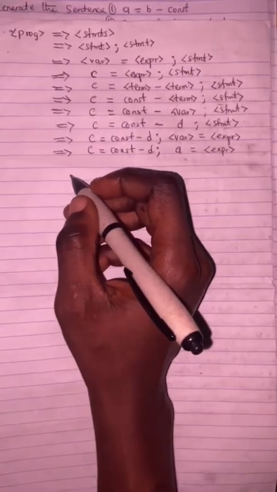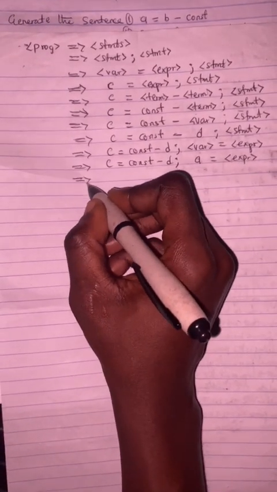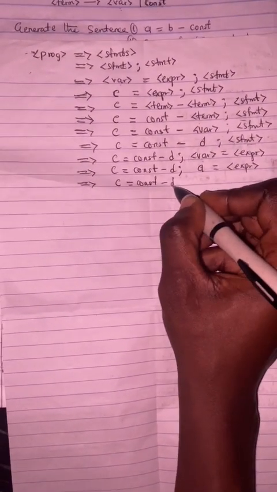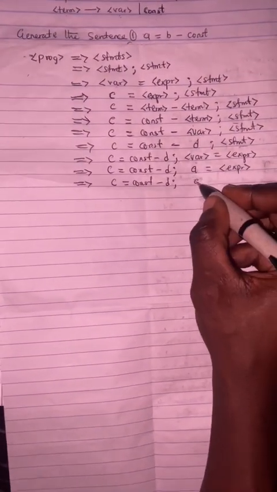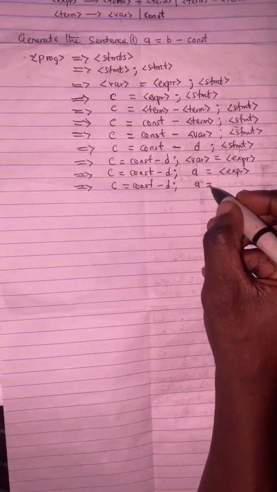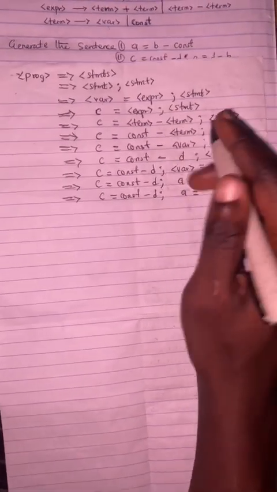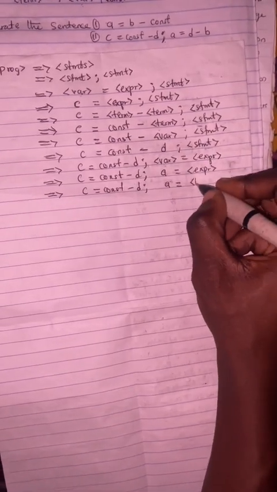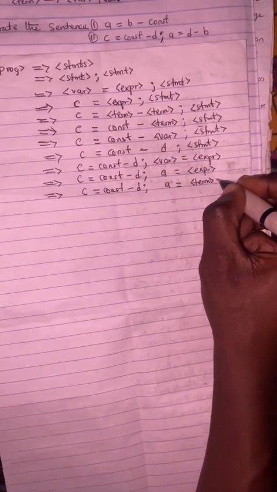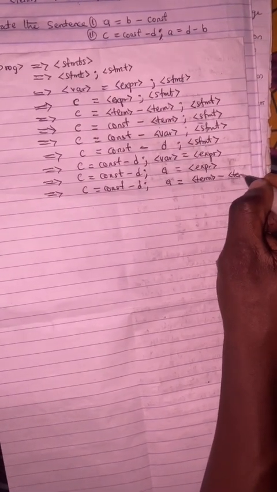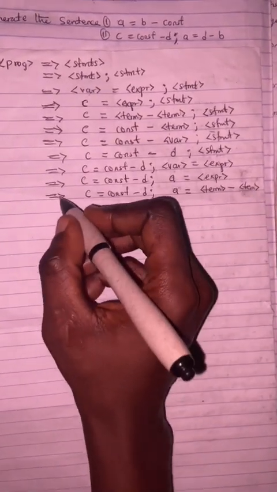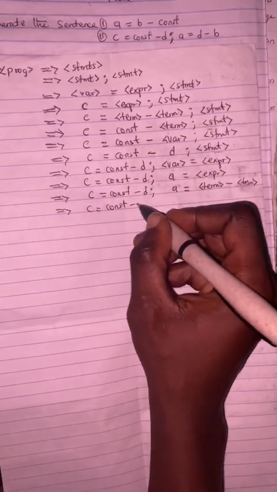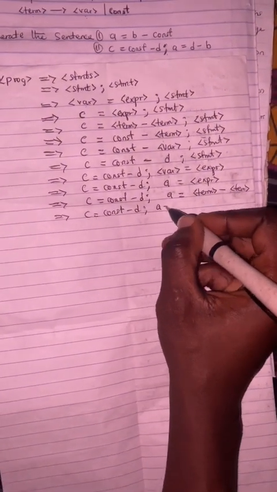Hope you can see clearly. And then next up, C equals to const minus D, semicolon, we have A equals to, now expression. For this we are looking at another minus, so we'll still go with 10 minus 10, right? Then we keep the other part as it is.